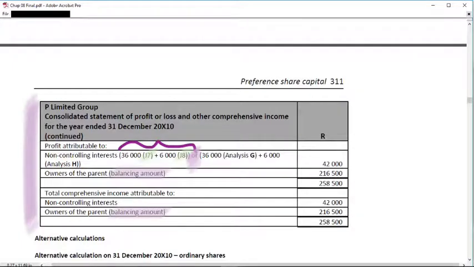Now you can understand why there was a journal entry necessary for that 6,000 Rand in the current year, because there's a line item that we present, profit attributable to NCI. As we've said, the profit and total comprehensive income are the same. Your top and bottom portions attributed will be exactly the same as well.